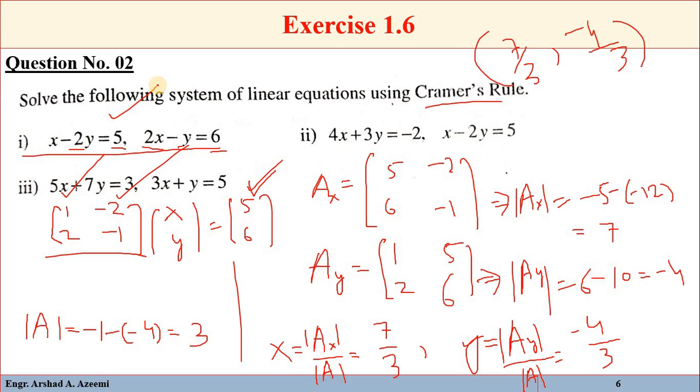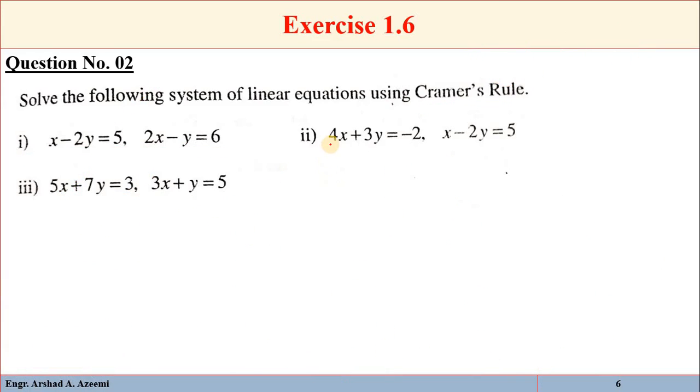Okay, now let's solve the next question. So write it in matrix form. It will be 4, 3, 1, minus 2. Okay, and this will be the X matrix is equal to B matrix, that will be minus 2 and 5.